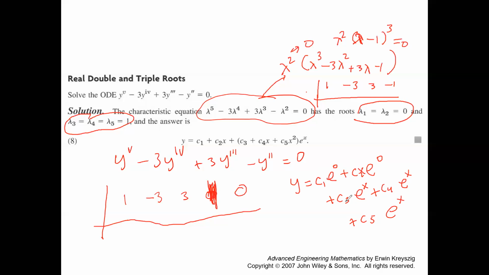This one, you have to put x over here, and since this is already used, you have to put x squared over here. So you end up with y equal to C1 plus C2x plus, taking out the e to the power of x, C3 plus C4x plus C5x squared as your solution.